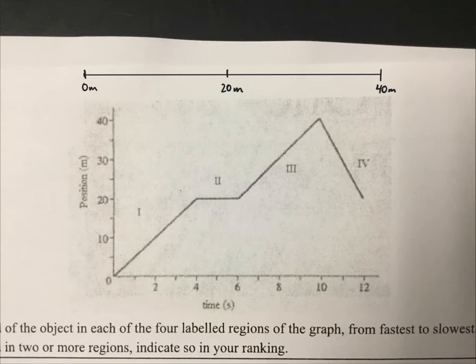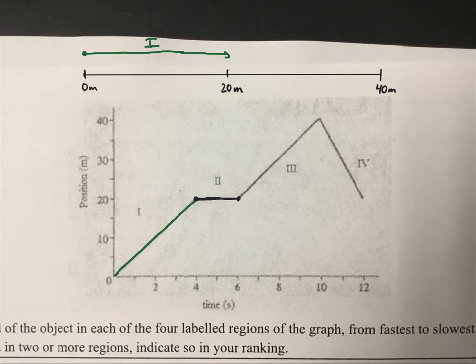Let's look at section 1. Section 1 starts at 0 and then ends up at 20. So section 1 would be moving from here to here. There's 1. Section 2, its position is 20 to start and 20 to end, and it's a flat line.